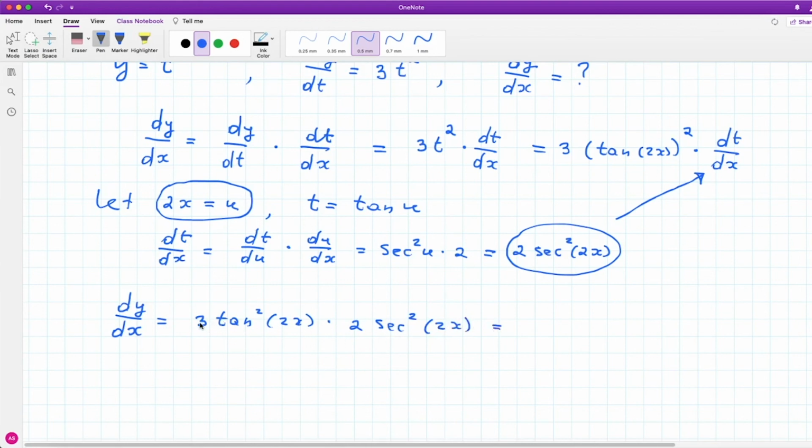We can combine 3 and 2. 3 times 2 is 6. And write the final result as 6 tangent squared of 2x times secant squared of 2x. And this is how you can use the chain rule to calculate derivatives of complicated functions.